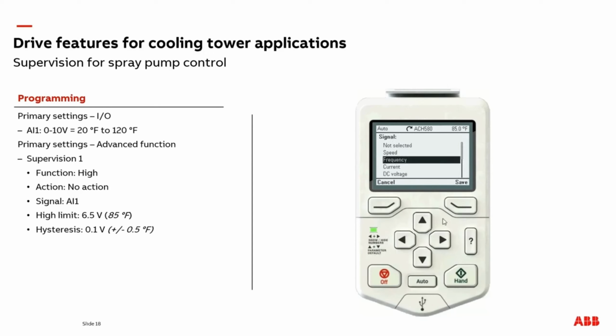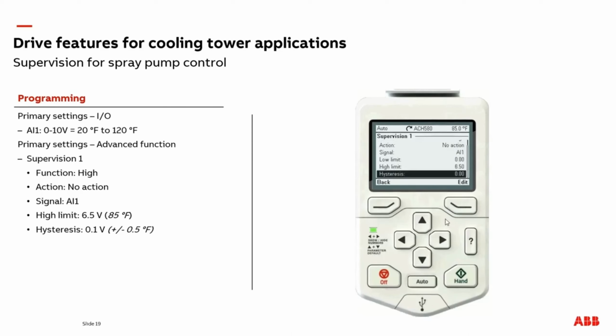For signal, we want to use AI1 that we set up in the I/O menu. And then for the high limit, we need to use the analog input voltage value that matches the temperature feedback we're looking for, which was about 6.5 volts for 85 degrees Fahrenheit.